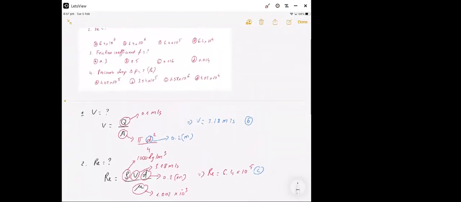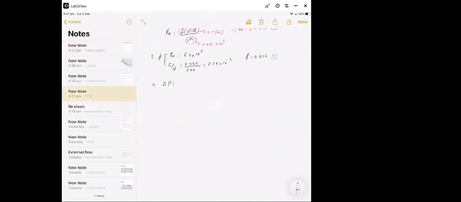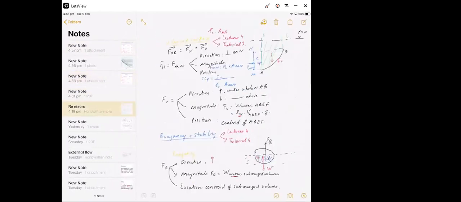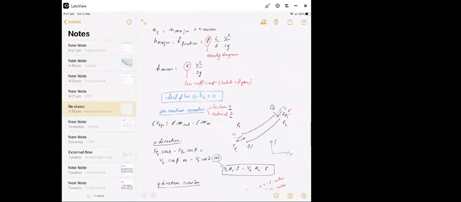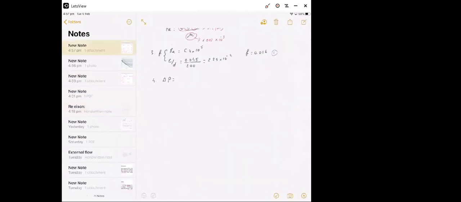Now it's question 4. Pressure drop delta P. The equation to find pressure drop: delta P equal to rho g times head loss due to friction, hf.